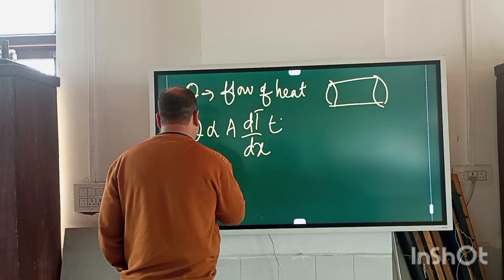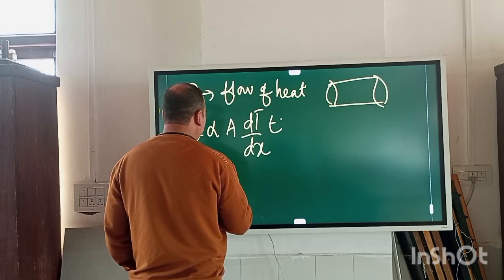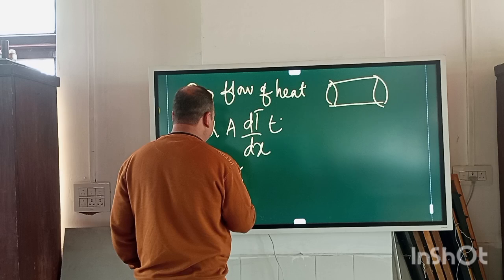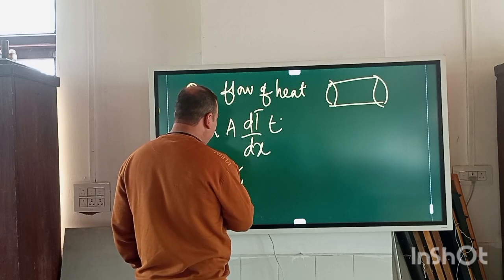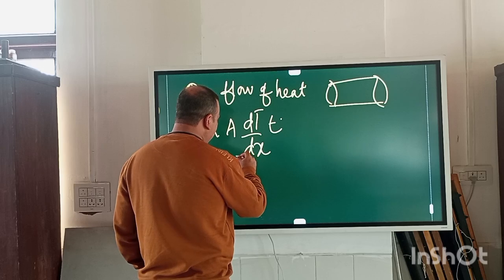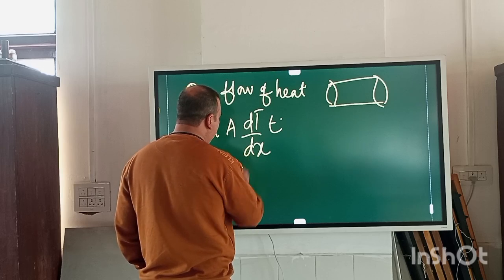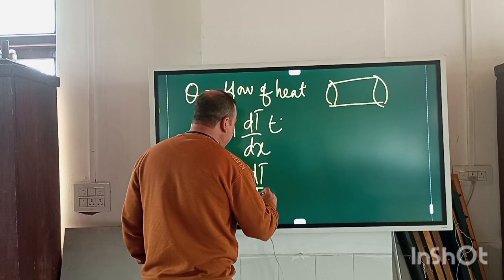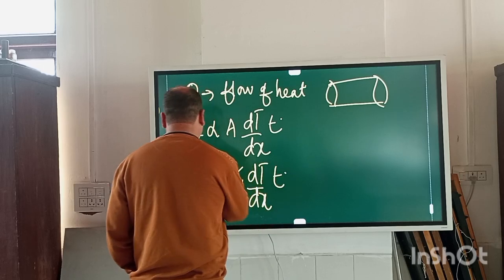And if we take out this proportionality, we introduce a constant K and introduce the negative sign that takes care of the direction of the flow of the heat, and K is the thermal conductivity constant, and dT by dx times t.